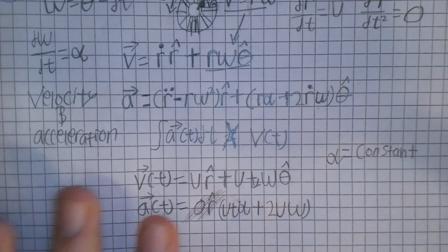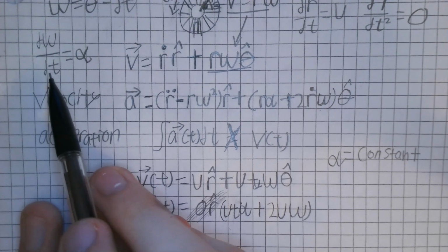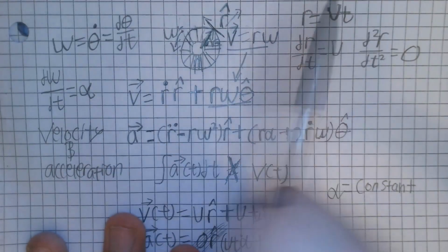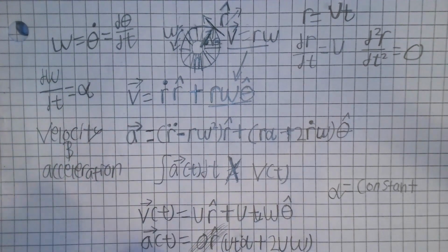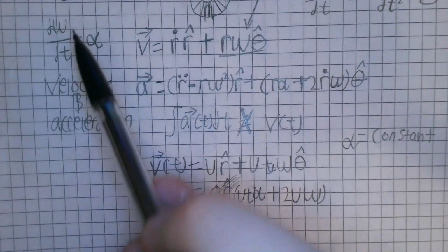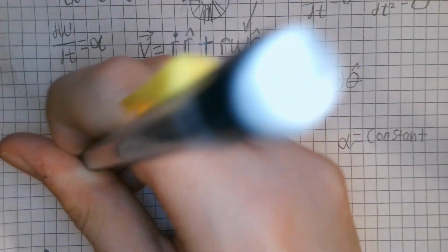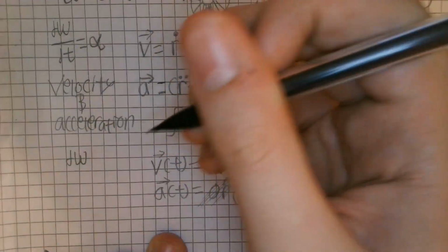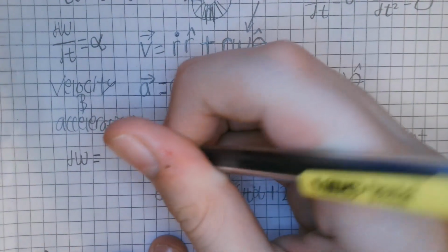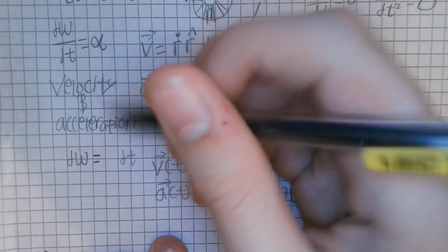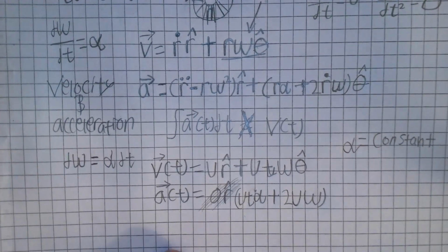Well, we can go right here, and we can do the same thing that you could do to get a function for theta with this. In other words, we're going to multiply either side by dt, and we get that this really small angular velocity, d omega, at some infinitesimally small time, dt, is multiplied by the angular acceleration.